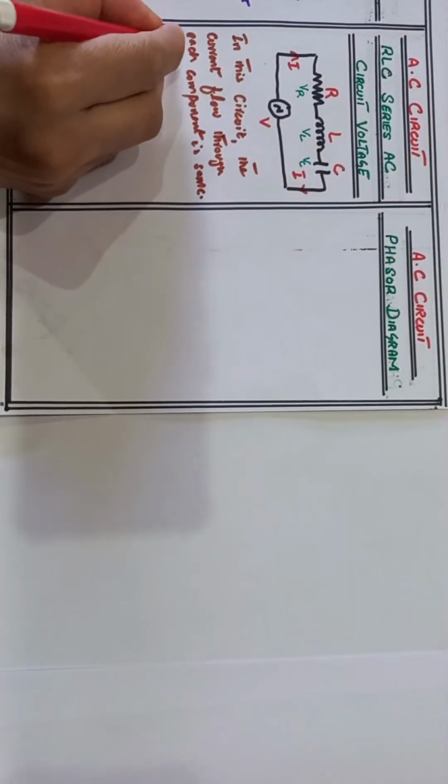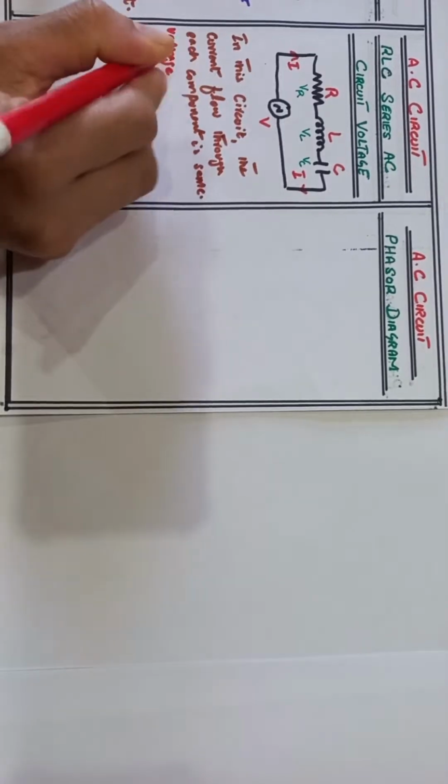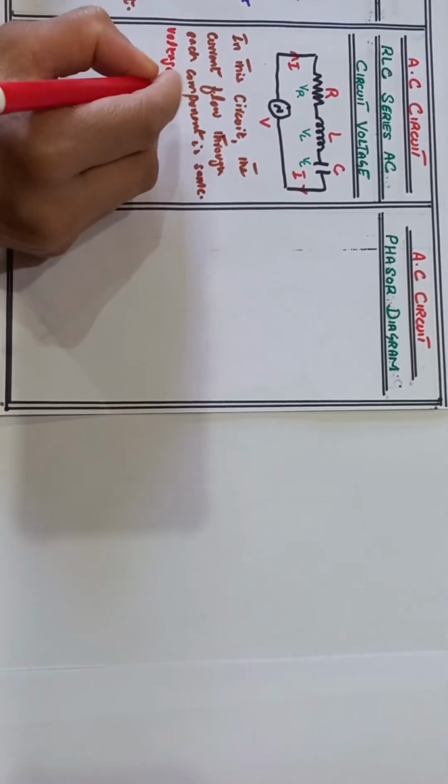Voltage across the resistor is represented by VR, and VR is equal to IR.